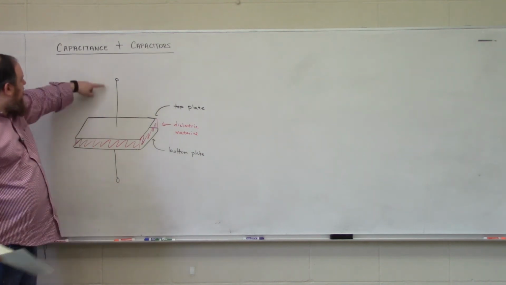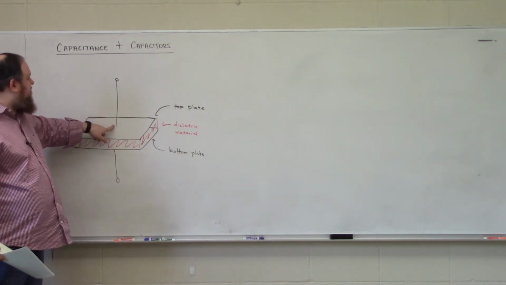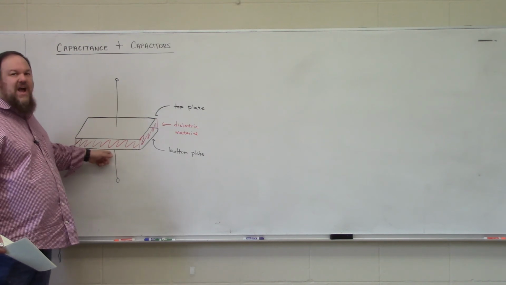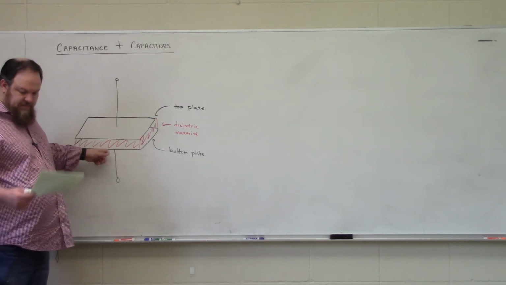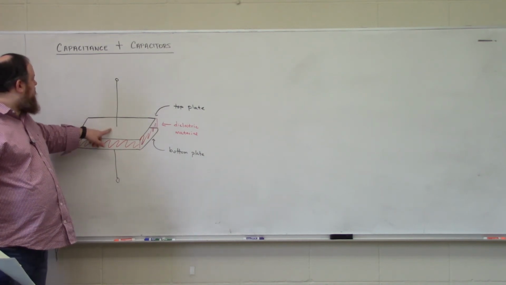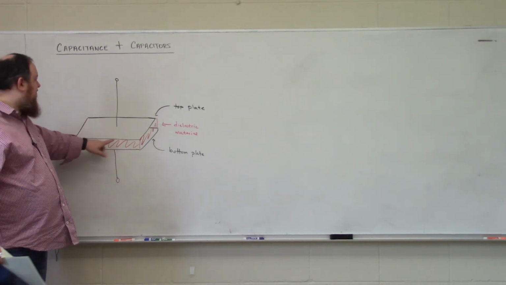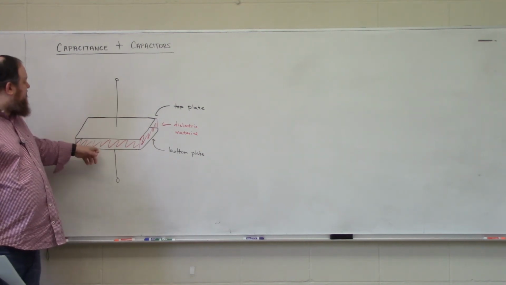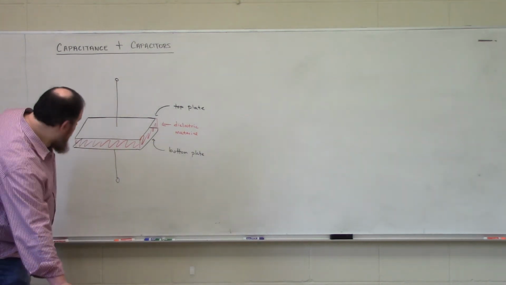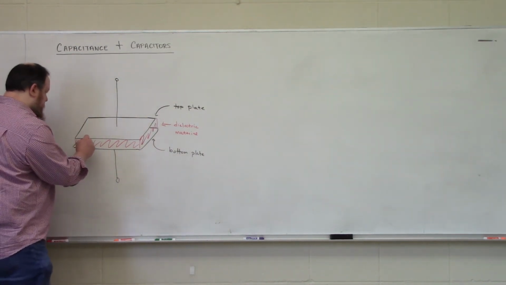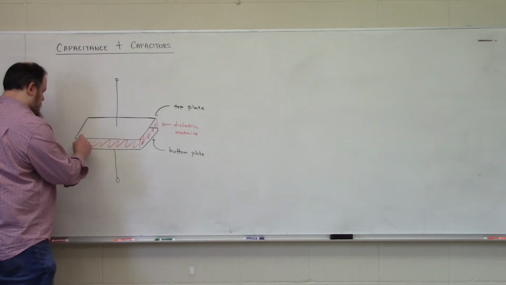For every positive charge that gets collected on this top plate, a negative charge will get attracted to the bottom plate. Because the collected charge is separated by this physical barrier, the dielectric, an electric field will be established oriented from the positive charge to the negative charge, so down like so.